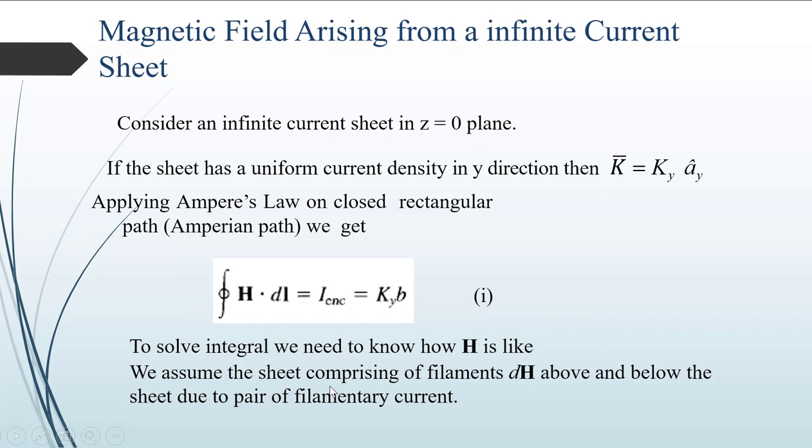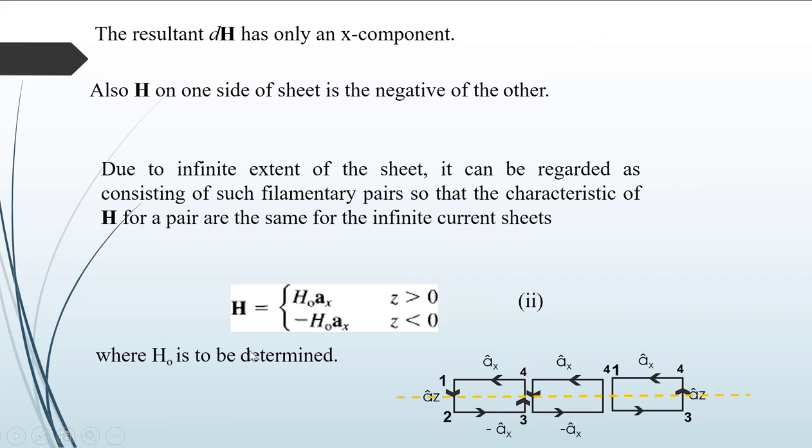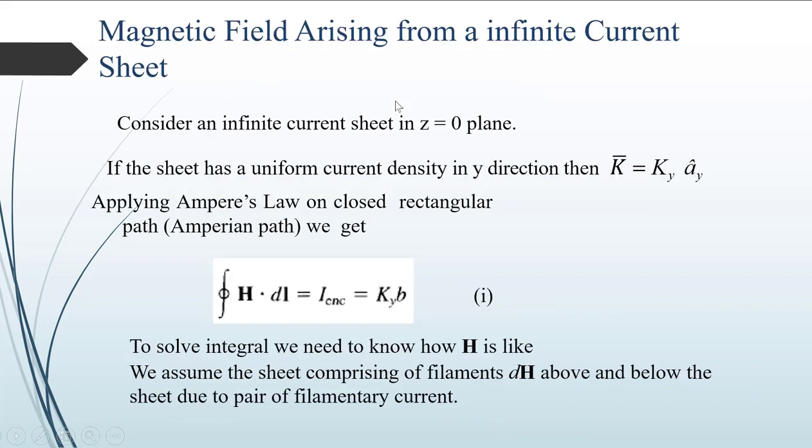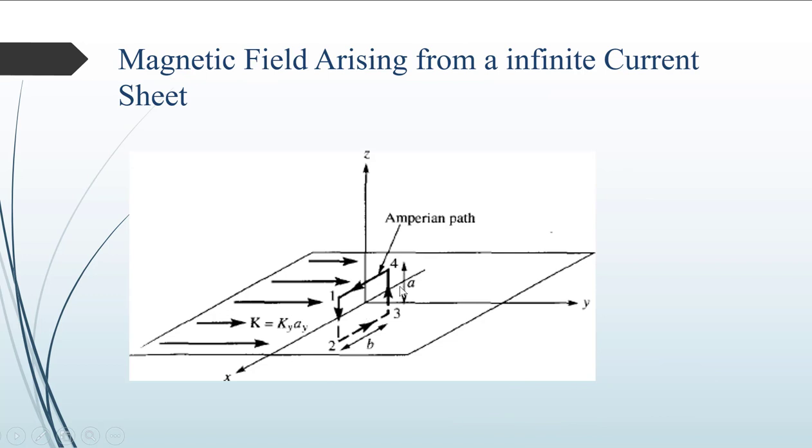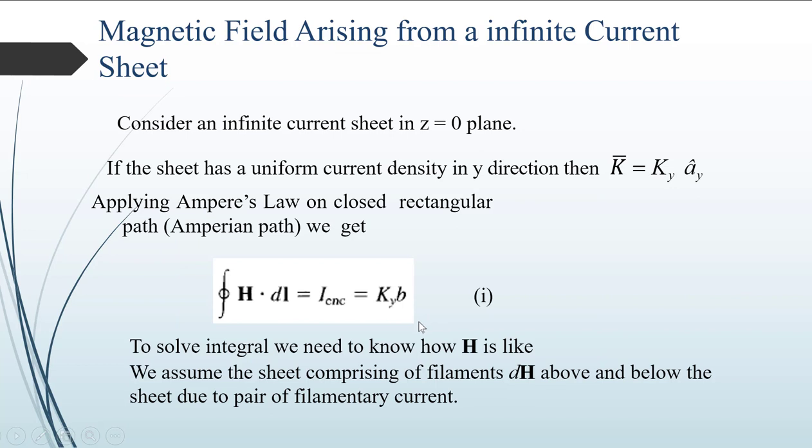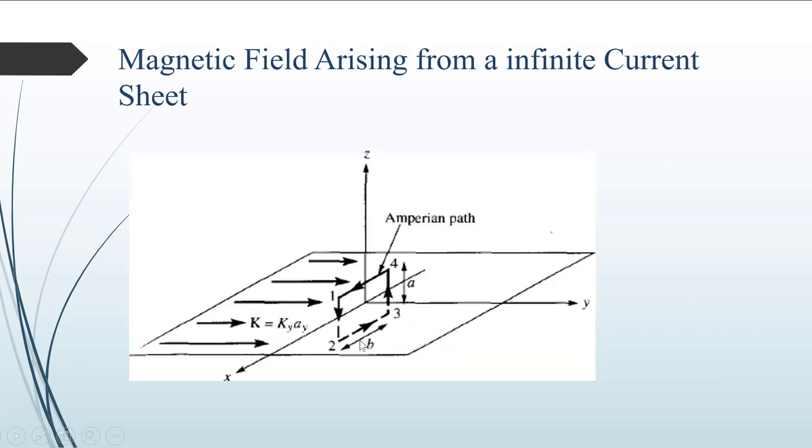So we assume that this sheet is comprising of small filaments, with dH above and below the sheet due to a pair of filamentary currents. Now, the resultant dH has only an X component. What does that mean? If you consider multiple such filaments, this is only a part of the infinite sheet, and we have enclosed it using one filament.